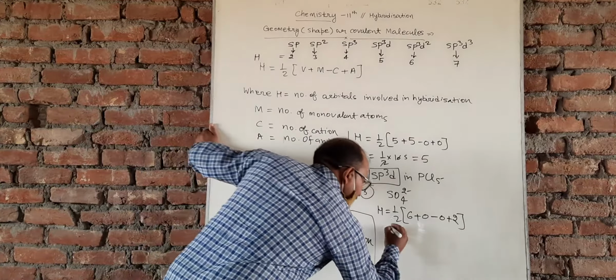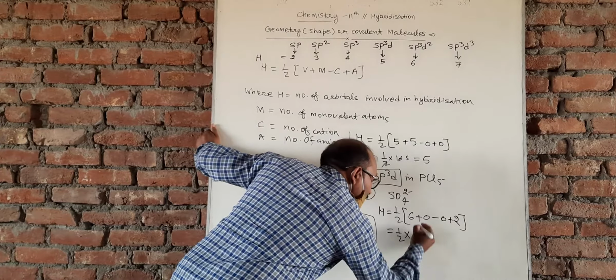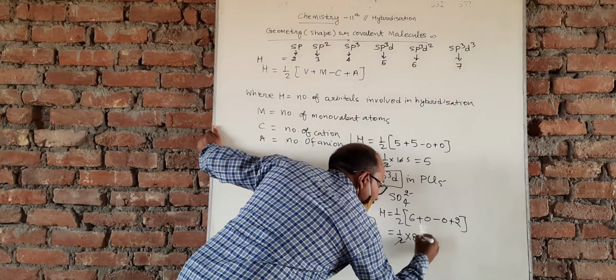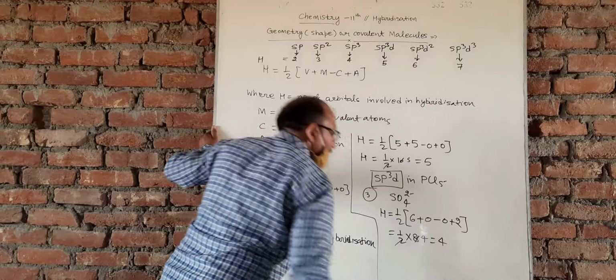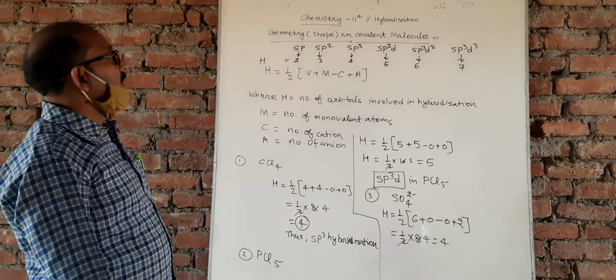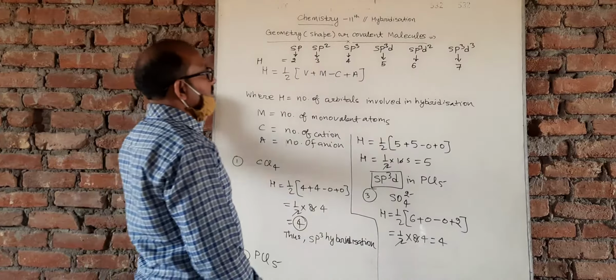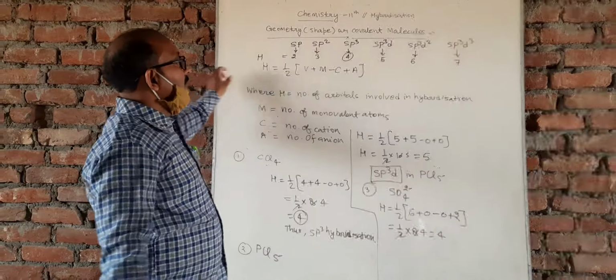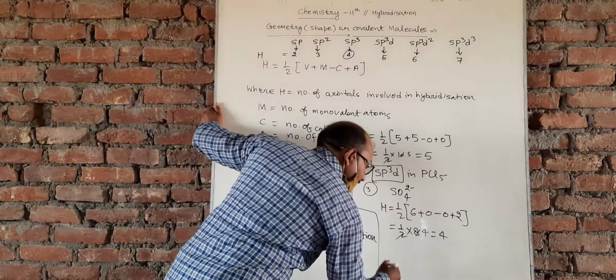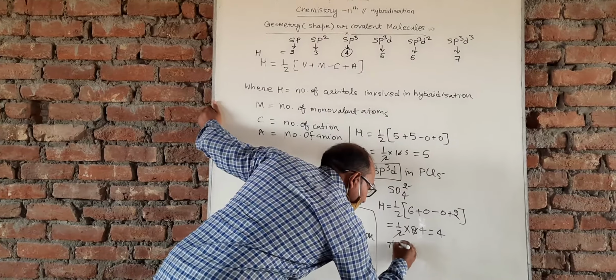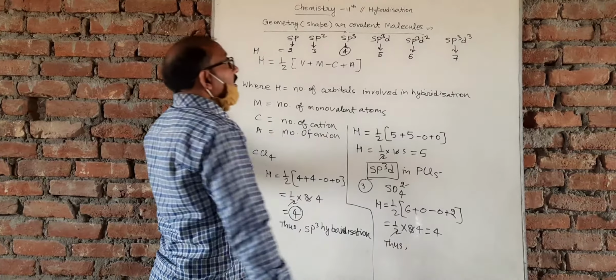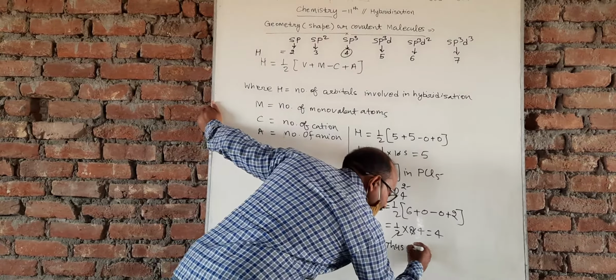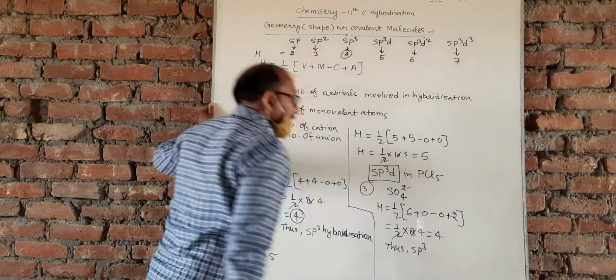So 1 by 2 into 8 is 4, so the sulfate ion has sp3 hybridization.